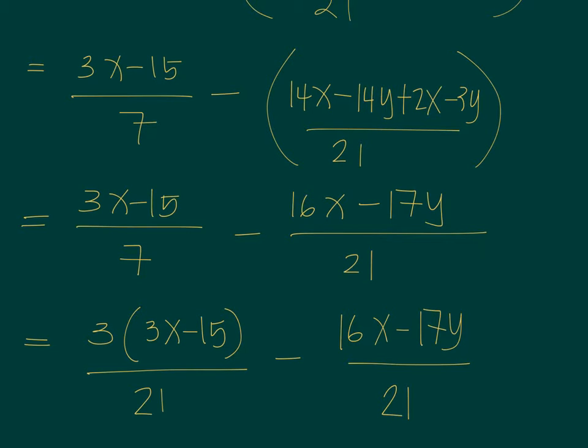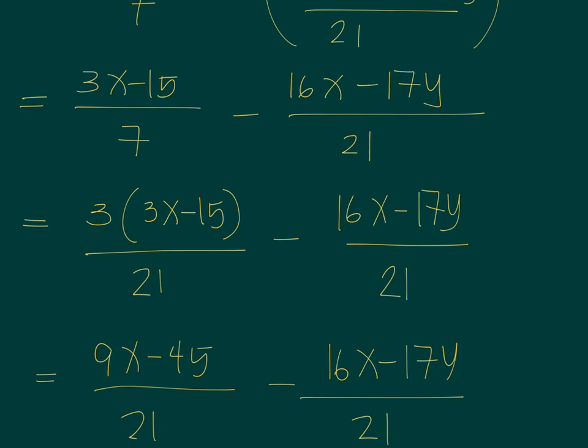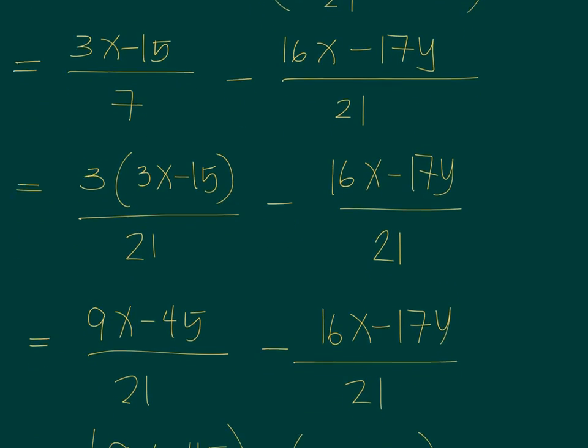Now since the denominator of the first fraction is a 7, we have to convert this into 21. So we have to multiply this by 3. So multiplying this by 3 means you have to multiply 3x minus 15 by 3. Hence, you have 3 times 3x minus 15 over 21 minus 16x minus 17y over 21, which should be combined into a single fraction.